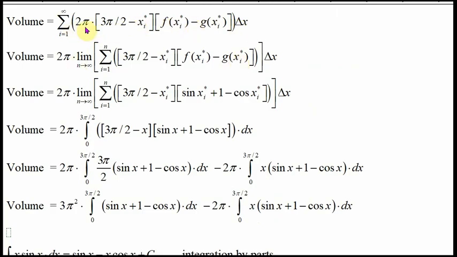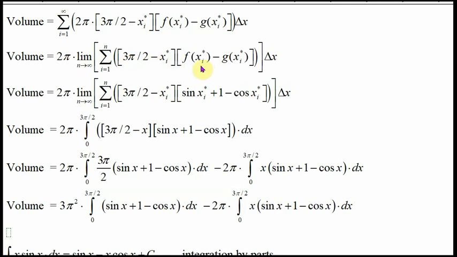And so here's the infinite sum. Instead of writing i running from 1 to infinity, we write it as i running from 1 to n, with the limit as n approaches infinity. The 2 pi is just a constant, so we can move it in front of the limit.